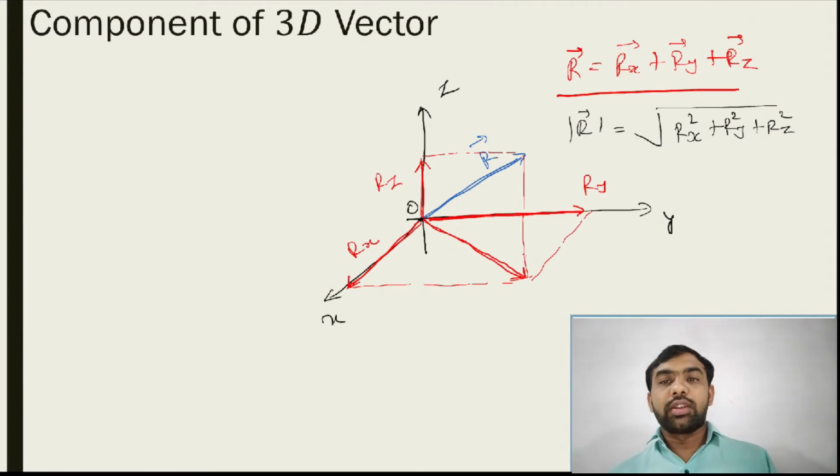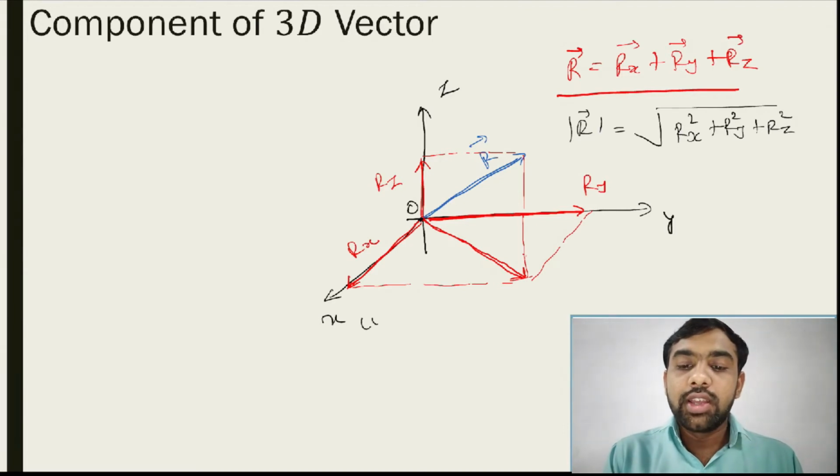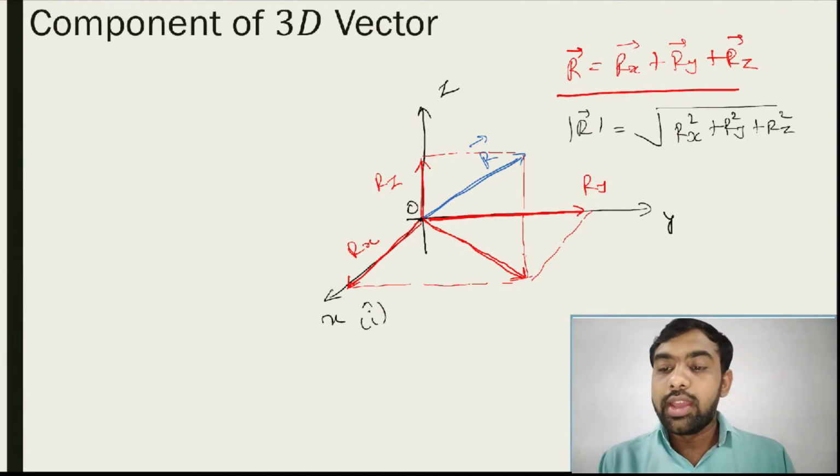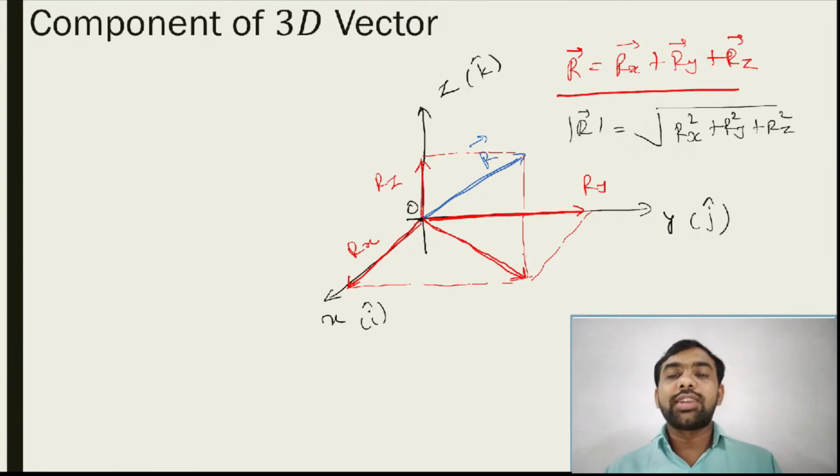Exactly similar to the 2D vector. And you represent this vector in the form of i, j and k. Along the x-axis i, along the y-axis j, along the z-axis k. These are the unit vectors along these axes. So finally the resultant vector r is given like this.